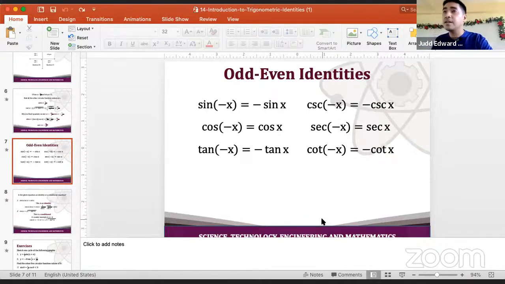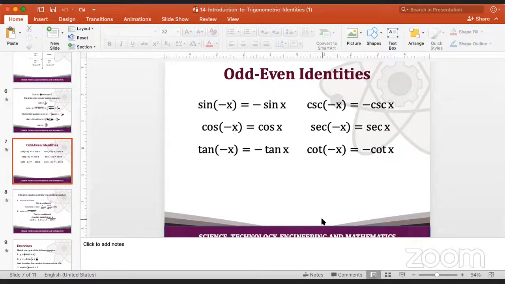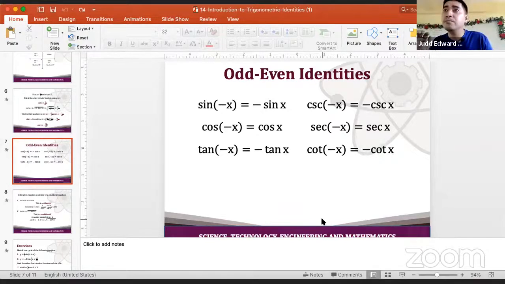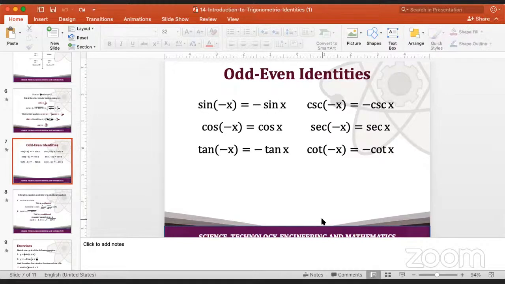Okay? Is that clear? What if you're asked naman to get cosine of negative 105? Wag muna pala yung value. So, kuhanin muna natin kung ano yung magiging form niya. What is cosine of negative 105, guys? That becomes cosine of positive 105 po.